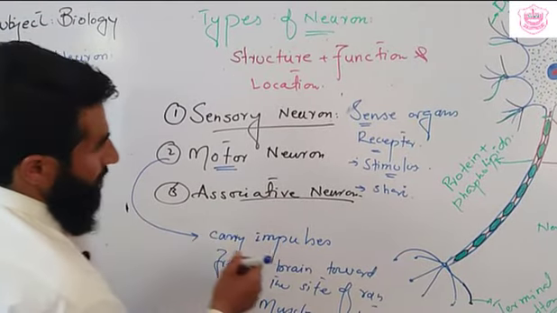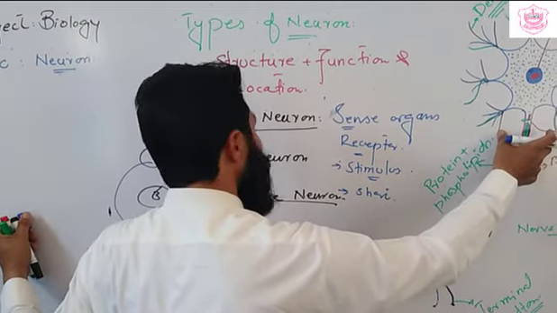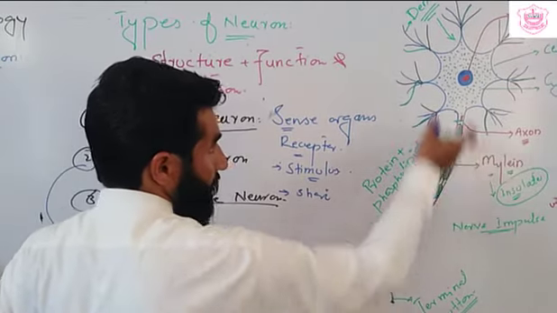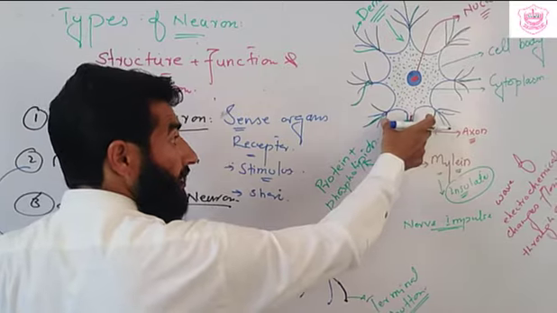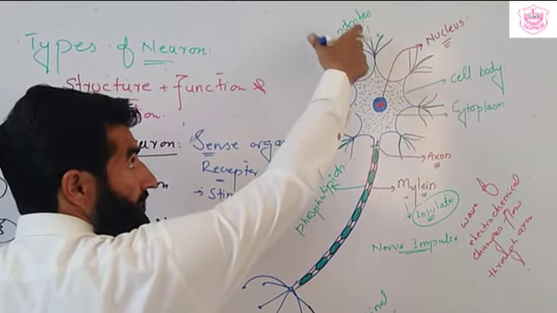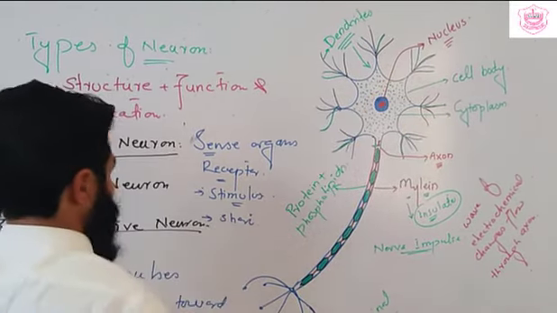The axon of the motor neuron is short, while the dendrites are long.